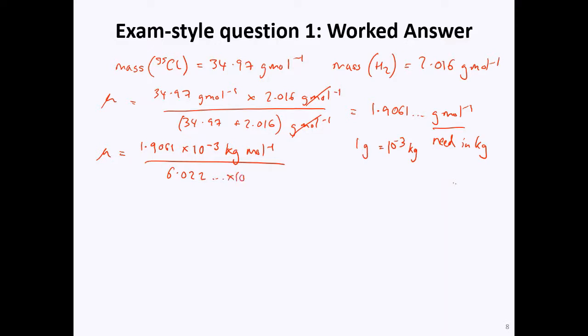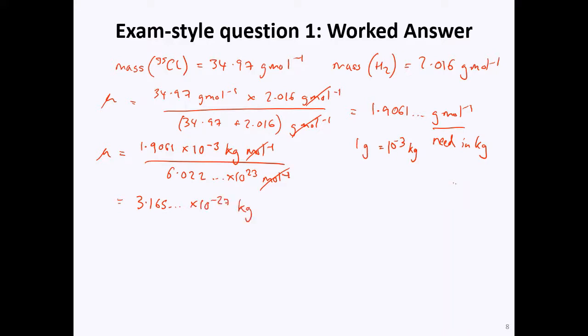Times 10 to the 23 per mole, and we can see that the per mole is cancelled to give us an answer in kilograms, and that is equal to 3.165... times 10 to the minus 27 kilograms.